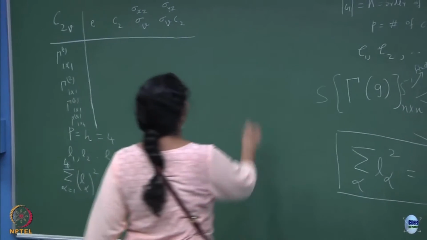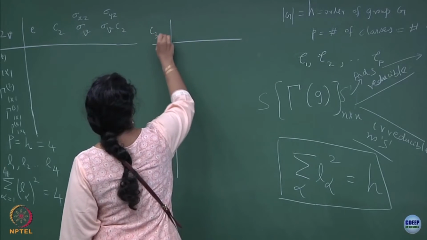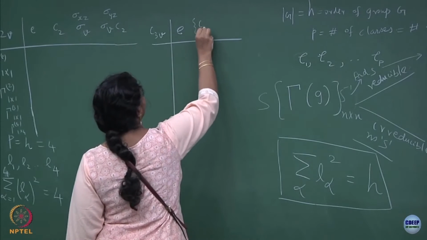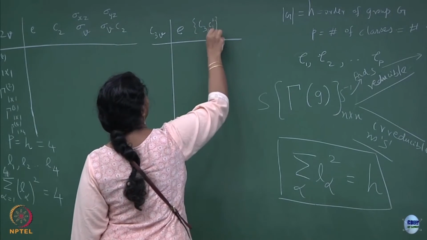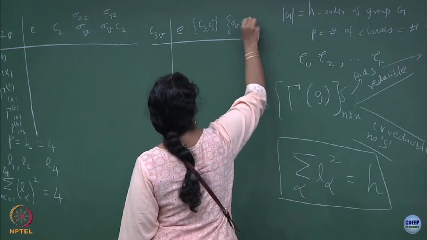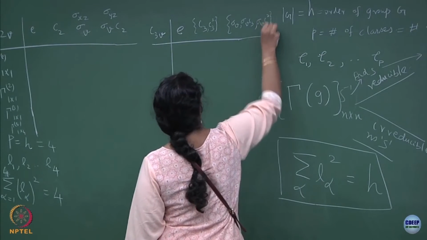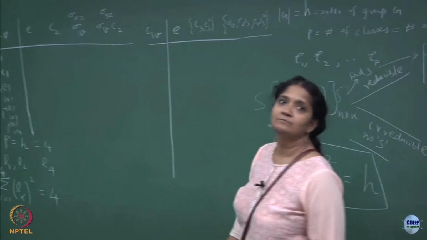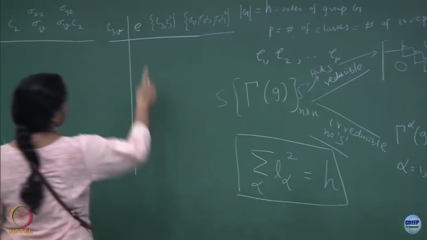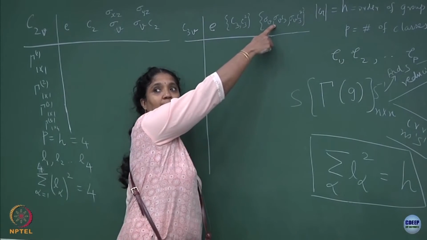Okay. So, let us do the C3V also here. Identity, one conjugacy class as C3, C3 squared, the second conjugacy class as sigma V C3, sigma V C3 squared. Okay. So, in this case what is the number of classes? 1, 2 and 3, right.